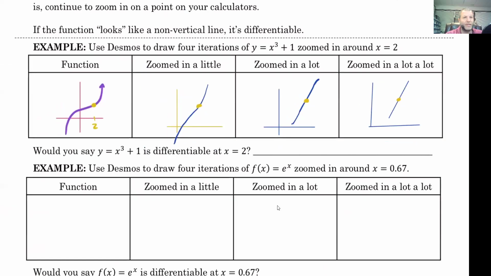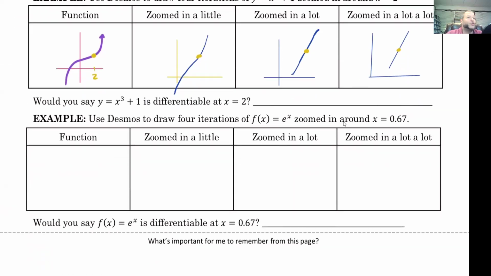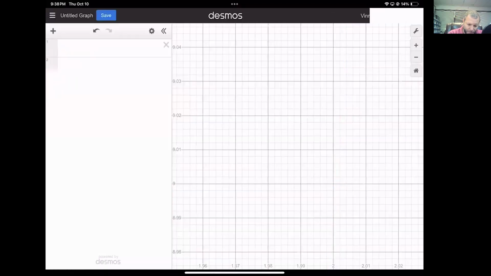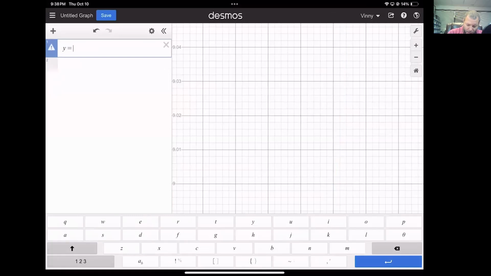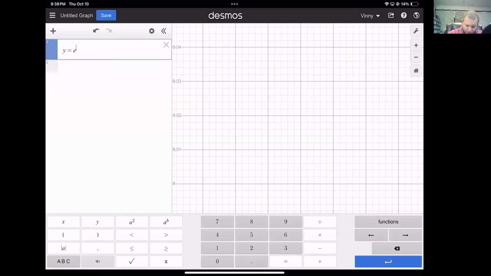So we would say yes, our function is differentiable at x is 2 because it exhibits this local linearity. We could do the same thing with e to the x at 0.67. So let me get a function, y equals e raised to the x. I don't even know what that point is, so let's just go 0.67, e to the 0.67.